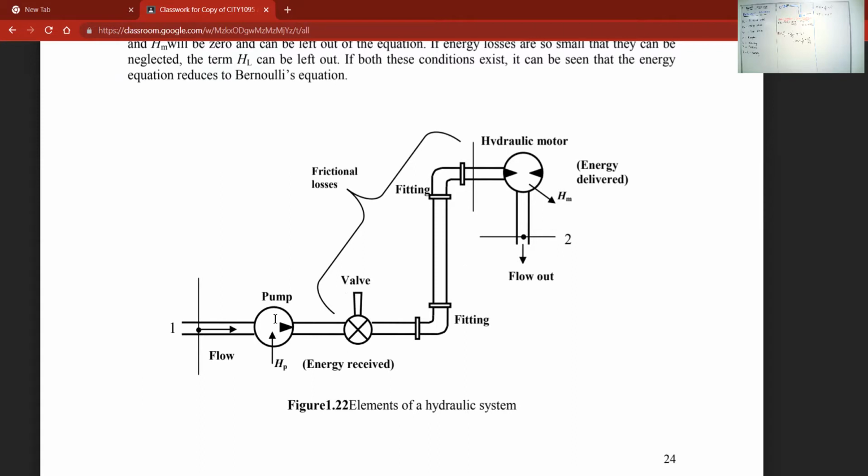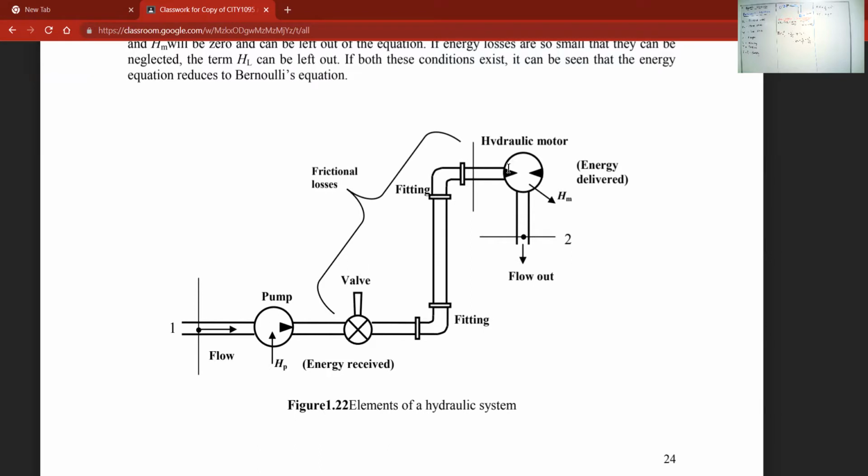The pump is here, then the valve is here. So this is the energy that's input into the system, and then the flow is from point 1 all across to point 2. This is the energy that will be delivered at point 2.